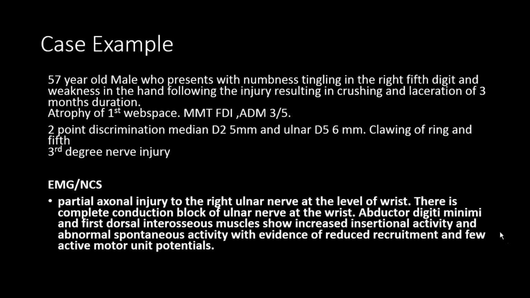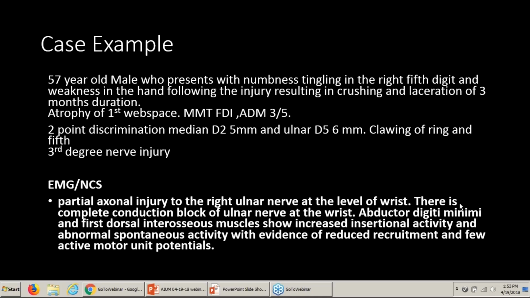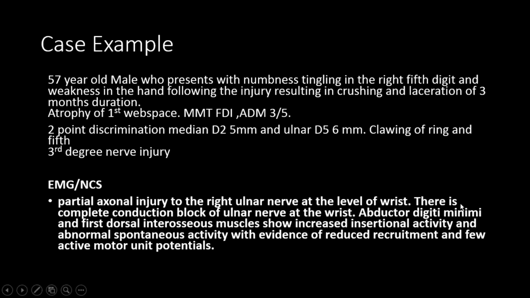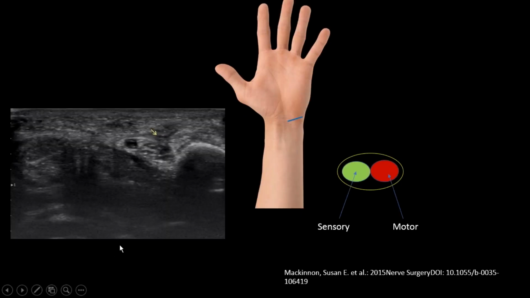Although there was some evidence of motor unit potentials, that's a good sign that he will recover because of the partial axonal injury, although there were signs of denervation with reduced recruitment, but motor unit potentials were observed.